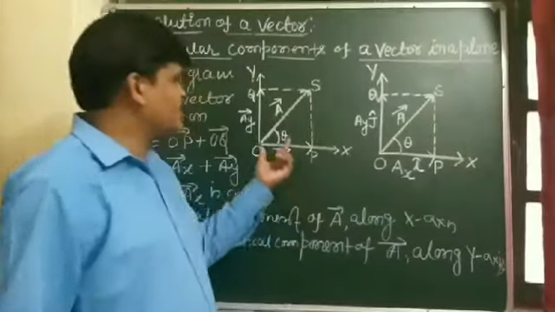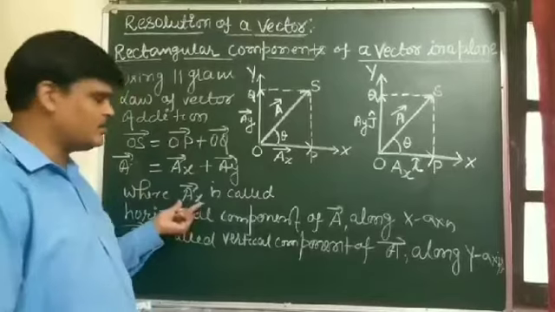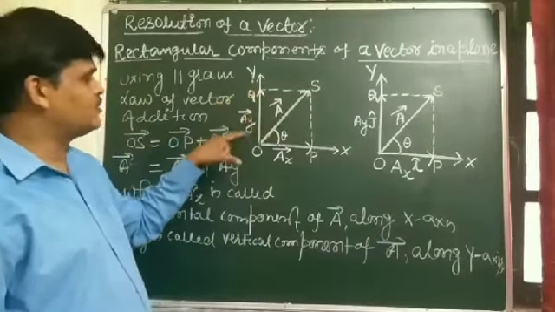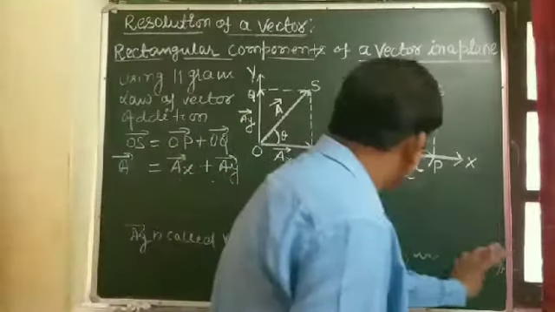So the component of vector A along the x-axis is written as Ax vector, and the component of vector A along the y-axis is written as Ay. This formula can also be written in another way, student.